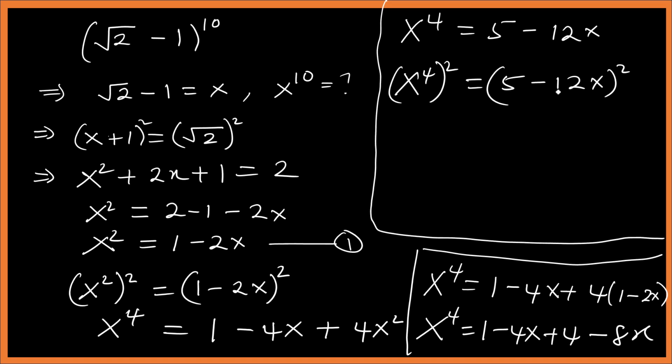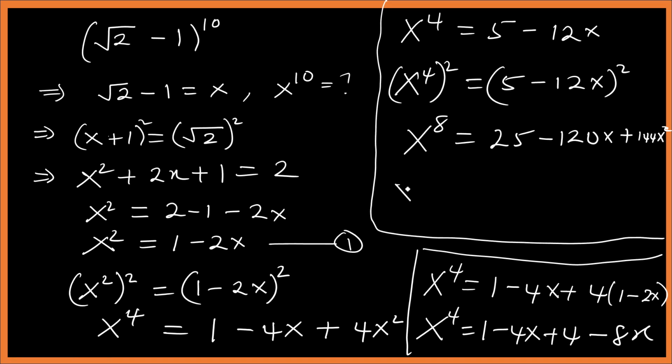Now this side will be x to the power 8. We have 5 squared, 25, then 2 times 5 times 12, which gives minus 120x, plus 12 squared, 144, so 144x squared.